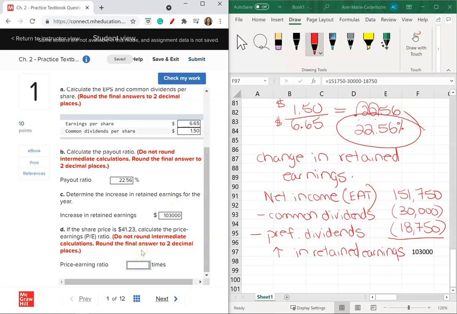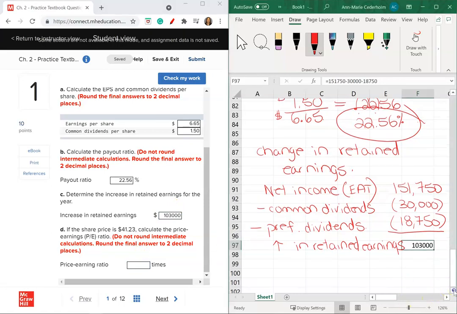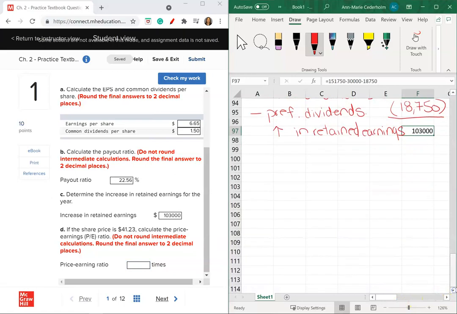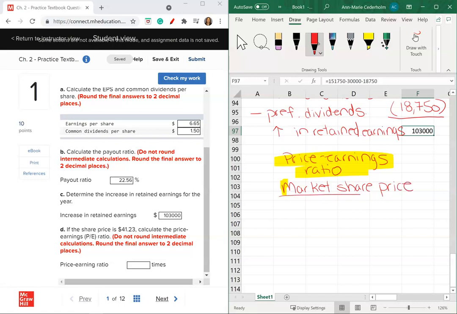The last one I have to run is my price earnings ratio. Again, I need to know the formula. Price earnings ratio: you take your market share price and divide that by your earnings per share.